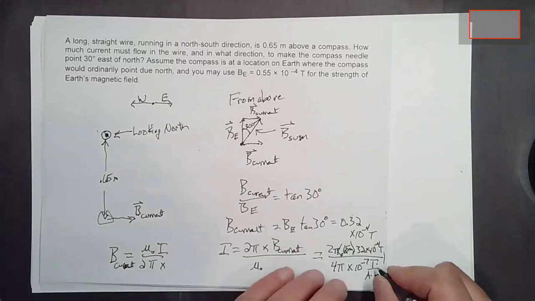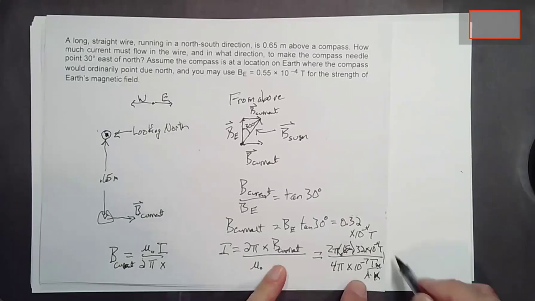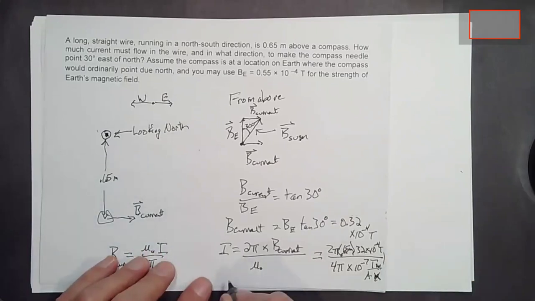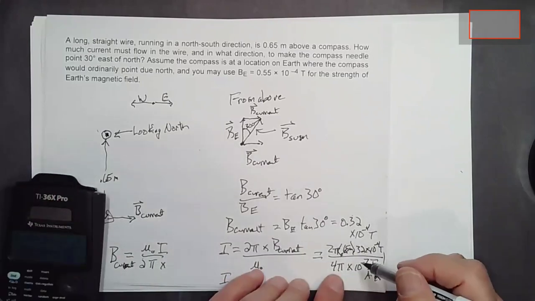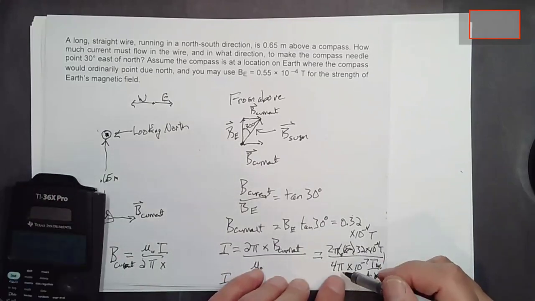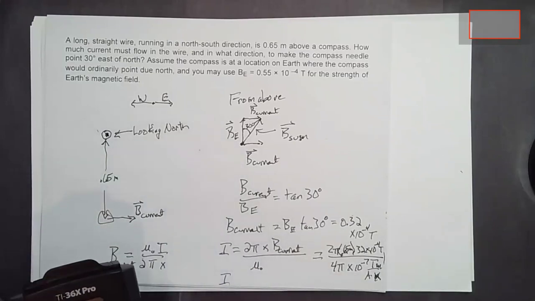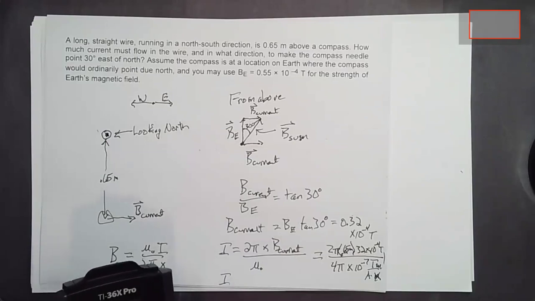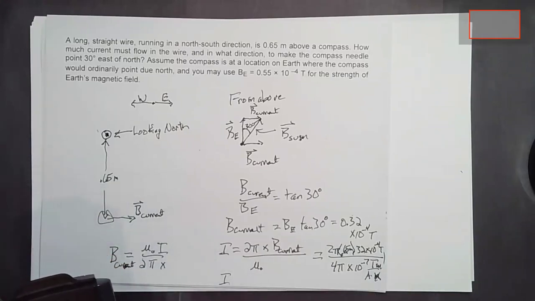That makes the meters go away, and I'll end up with amps, which is what I hope for a current. 2 pi over 4 pi is just a 2 left on the bottom, so I'll have 2 times 10 to the minus 7th. Shortening this calculation, 0.65 times 0.32 E minus 4, divided by.